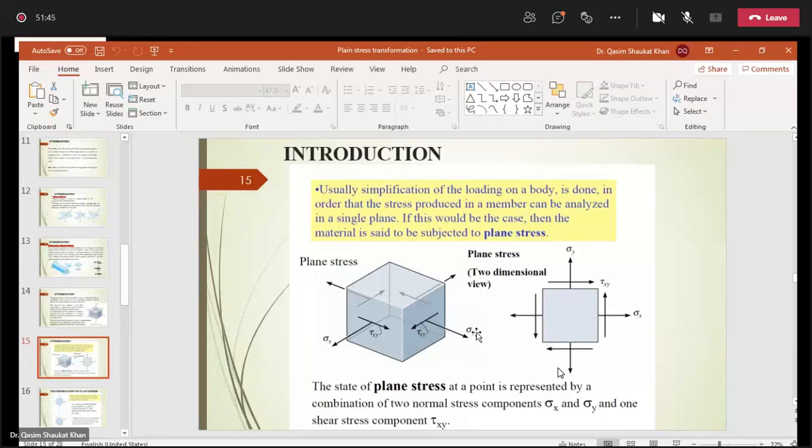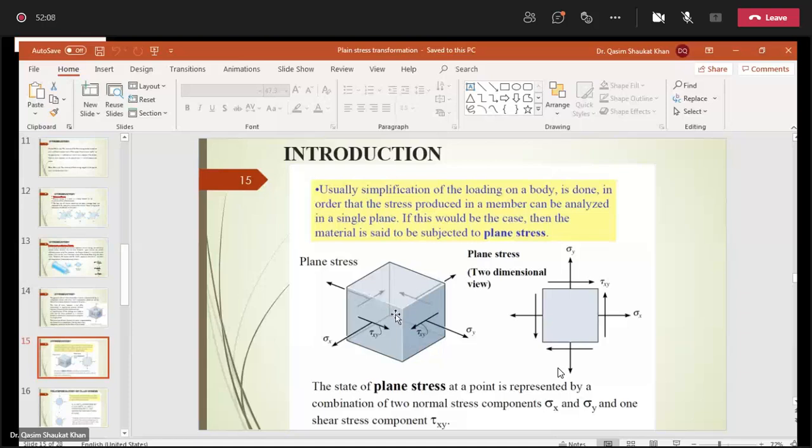Are you talking about this one? Yes sir. Okay, this is tau xy, so this one will be tau xy. This is tau yx, so this will also be tau yx.